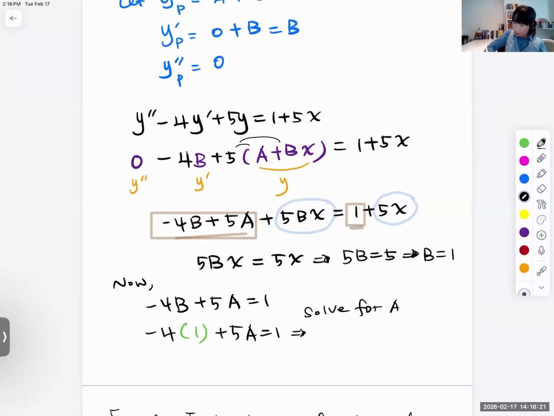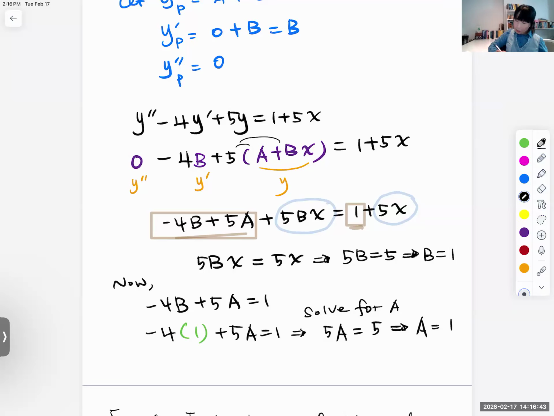So we get negative 4 and positive 4, so 5a equal to 5, right? So a is also equal to 1, right? Okay.